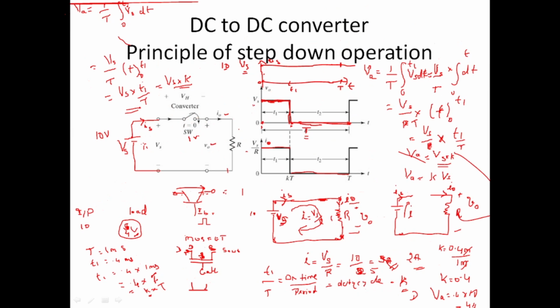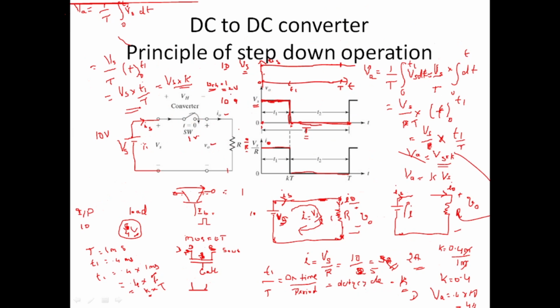Ideally, if we assumed input as 10, I would write this as 10 by R. Actually it is 9, so I should write 9 by R. Across this switch, which from here onwards I will call the chopper, in all DC to DC converters, instead of switch we say chopper, there is a small drop. That drop we will call the chopper drop, VCH, or switch drop. It may be a small 1 volt or 2 volts.